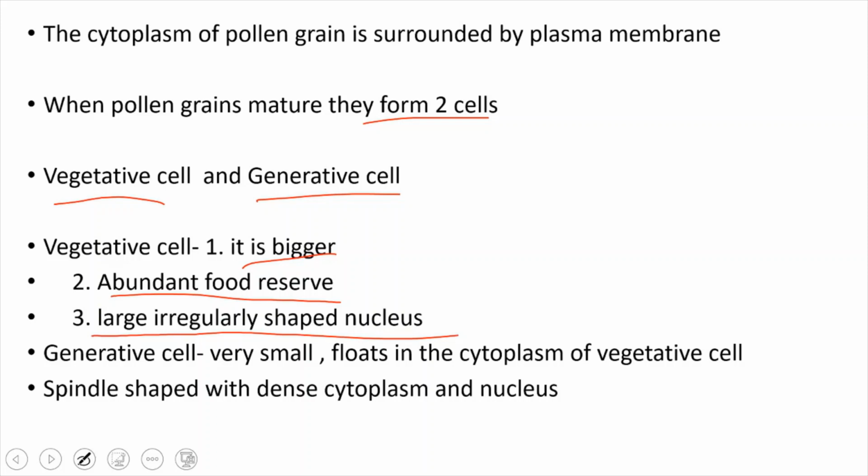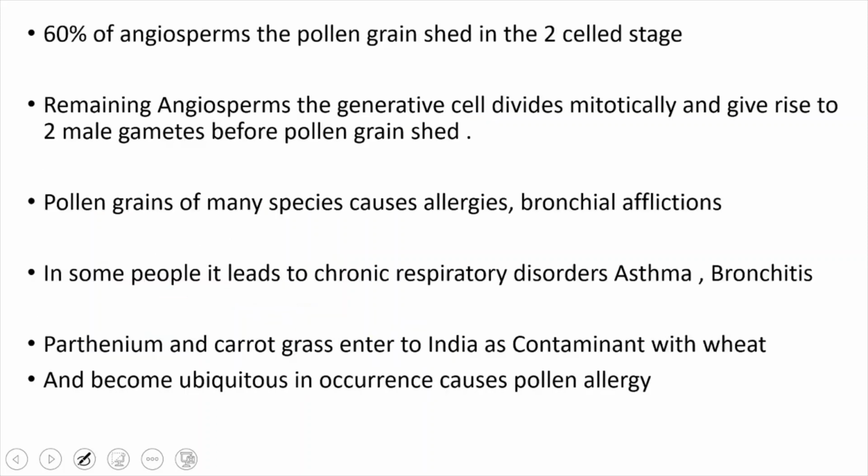And the generative cell is very small compared to the vegetative cell, and it floats in the cytoplasm of the vegetative cell, and it is spindle shaped. The vegetative cell is irregularly shaped, but the generative cell is spindle shaped, with dense cytoplasm and a nucleus, right?